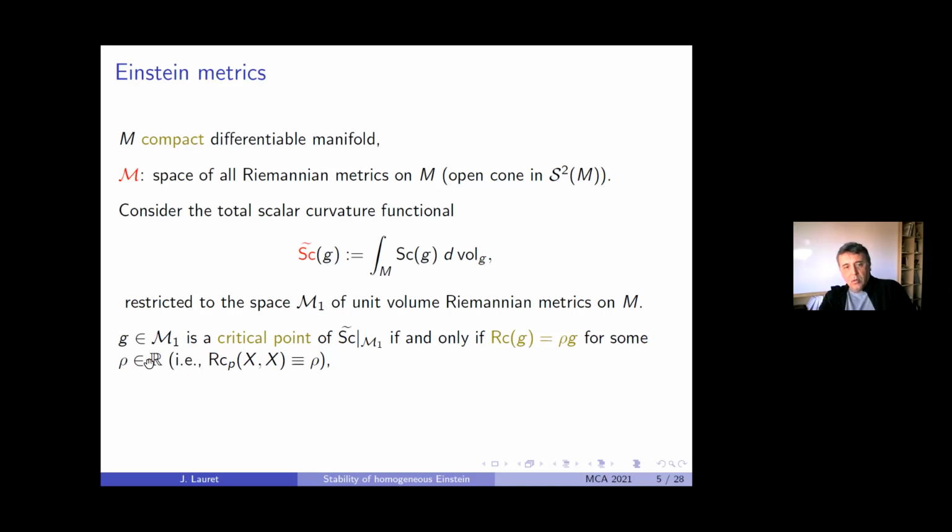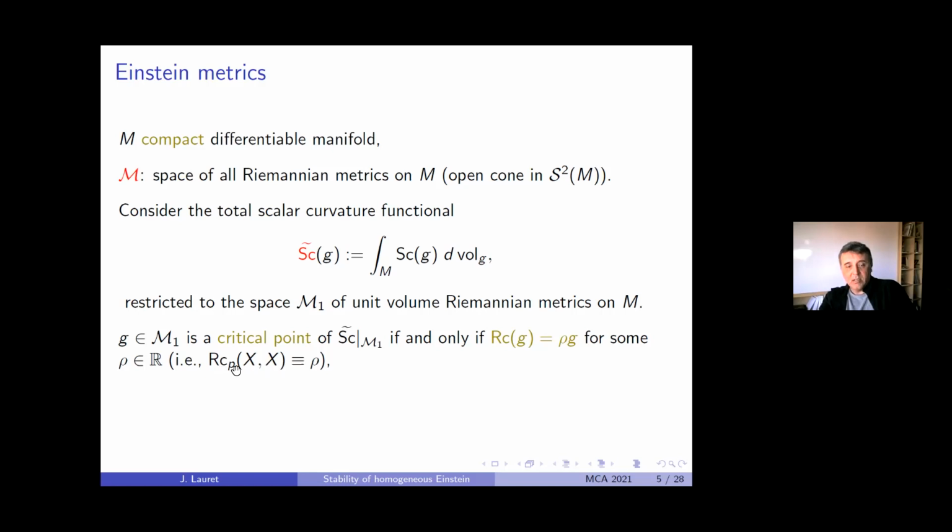So g is a critical point of such a natural functional if and only if the Ricci tensor is a multiple of the metric. Okay. Or in other words, the Ricci curvature is constant. Okay.